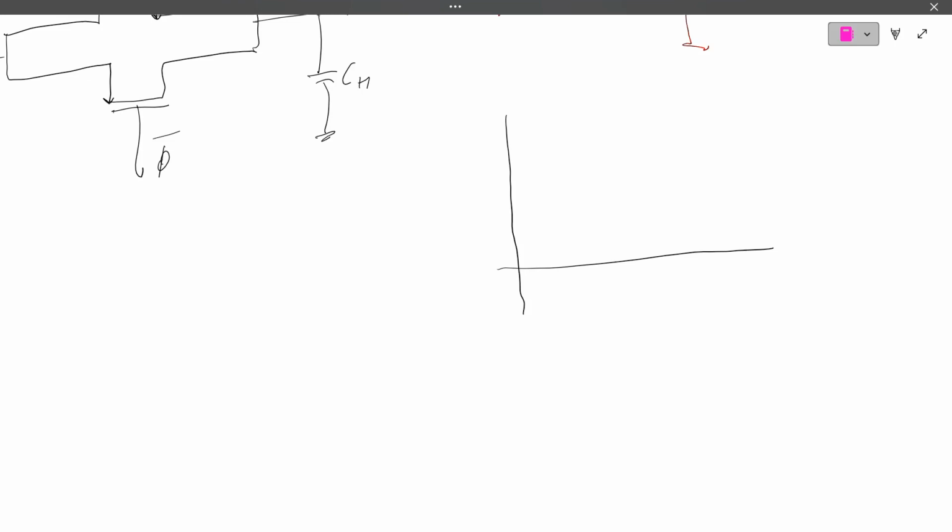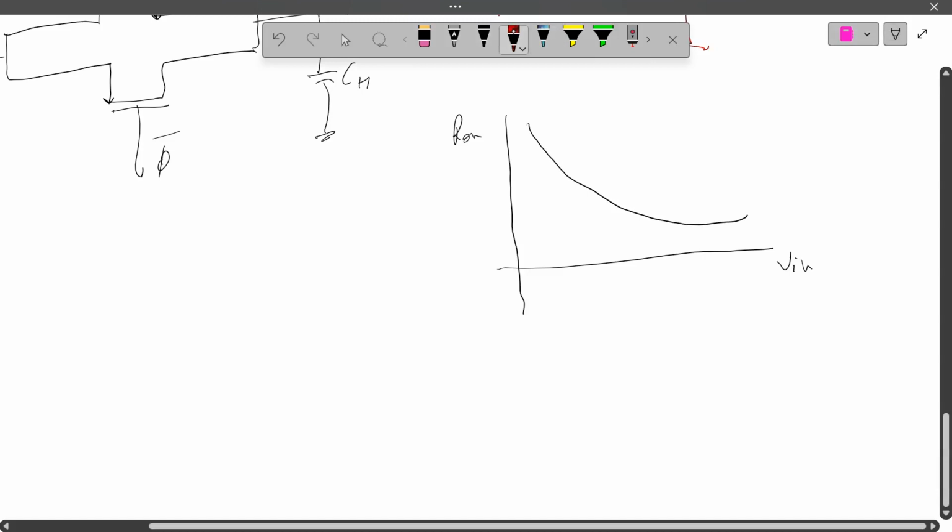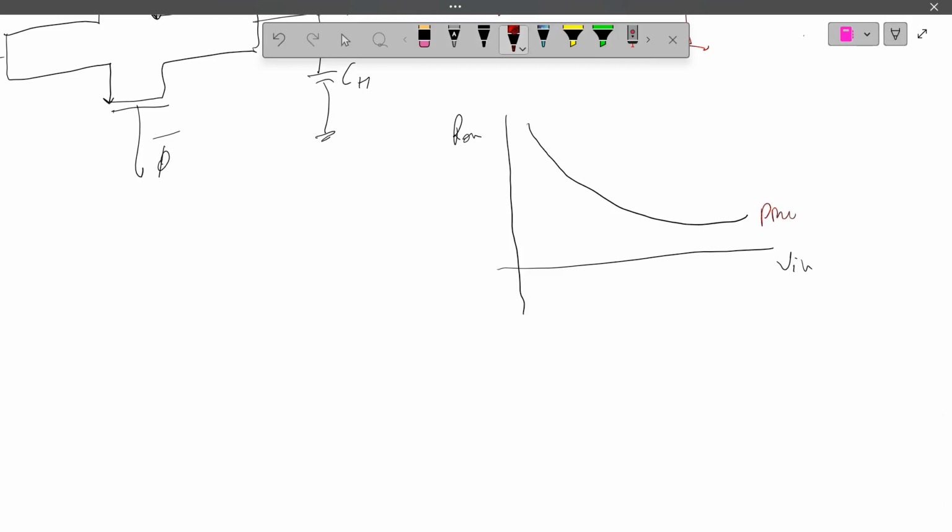If the supply varies for some reason, our device will not be affected by that, or affected by the signal. So what kind of Ron will we get from here? For PMOS, this is the graph we got now, and this is for PMOS.